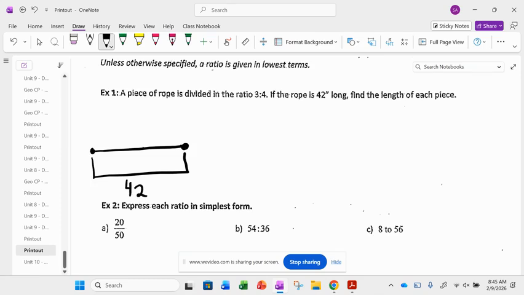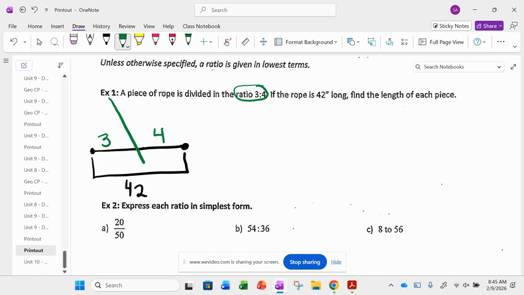42 inches long. But then something happened to it. It says the rope is divided. So we're going to take this rope and we're going to divide it. That's me dividing the rope. Now, when we divide the rope, it's splitting in the ratio of 3 to 4. Remember, I used to say this from chapter 1. The minute you take numbers out of a ratio, I can't just write 3 and 4.